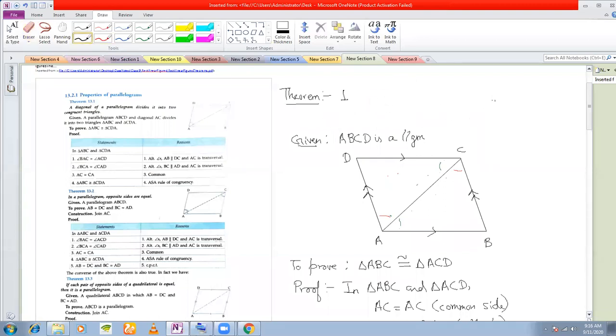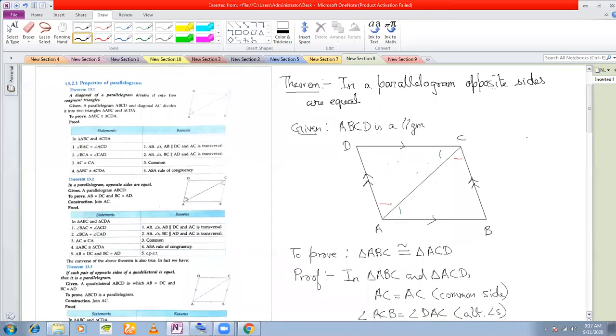The next theorem is, in a parallelogram, opposite sides are equal. So what is given here? Again, it is only given that ABCD is a parallelogram.